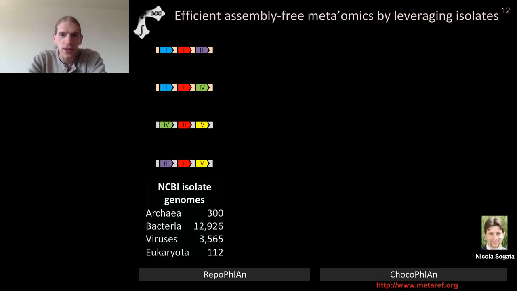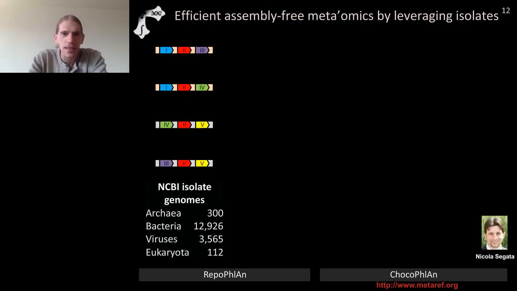This includes not just bacteria, but again, archaea, viruses, and eukaryotic microbes, primarily fungi, and spans both draft and complete genomes, totaling about 20,000 genomes right now. We're getting on the order of 1,000 new microbial genomes per month. So this is a tremendously powerful tool for turning those isolate genomes into information about communities.